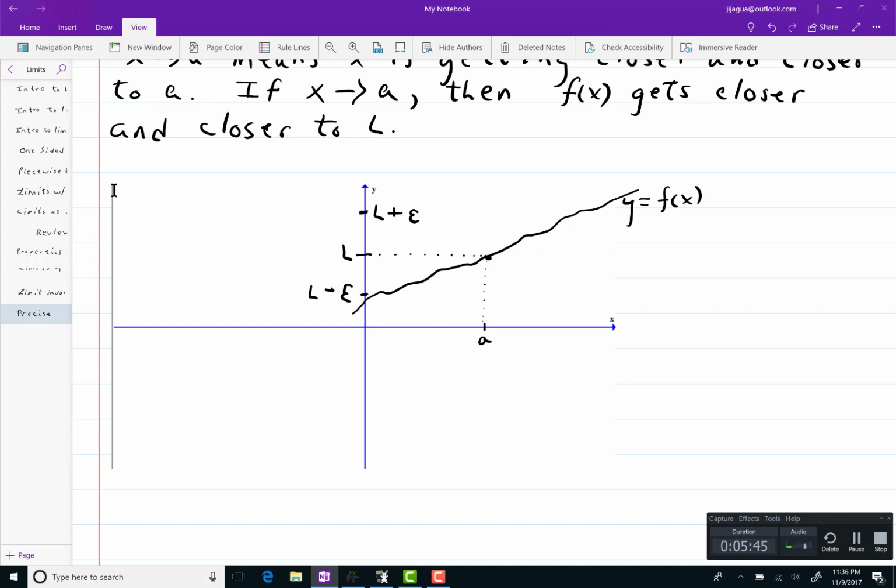Now, in order to show that these will close in on L as x gets closer to A, we also go over here with these and find those x values. So let me go straight over here. So that hits on the graph there.